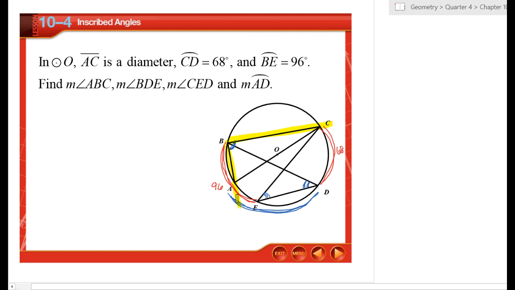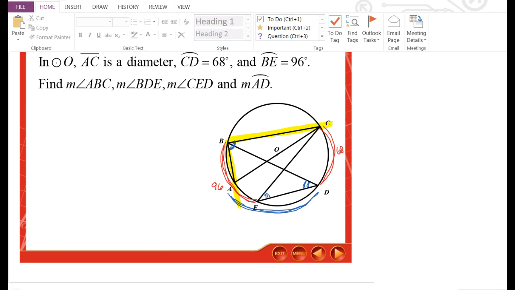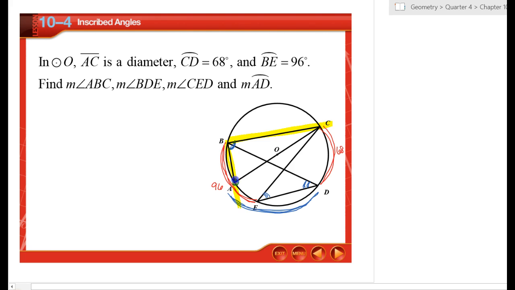You see that? It intersects my diameter that intersects the circle here and here. So what does that mean? Well, that means that angle ABC is a right angle, is 90 degrees.